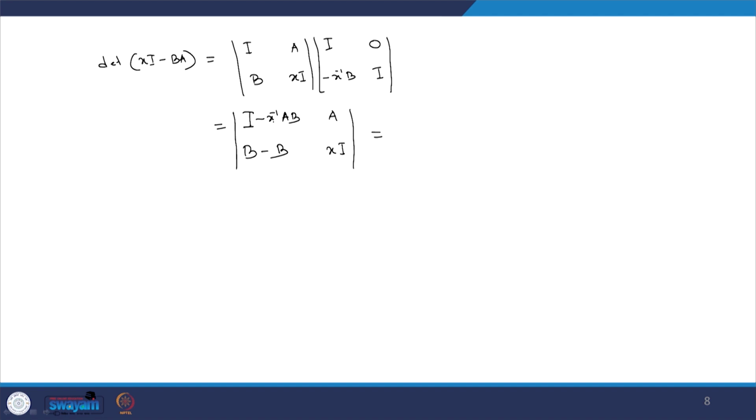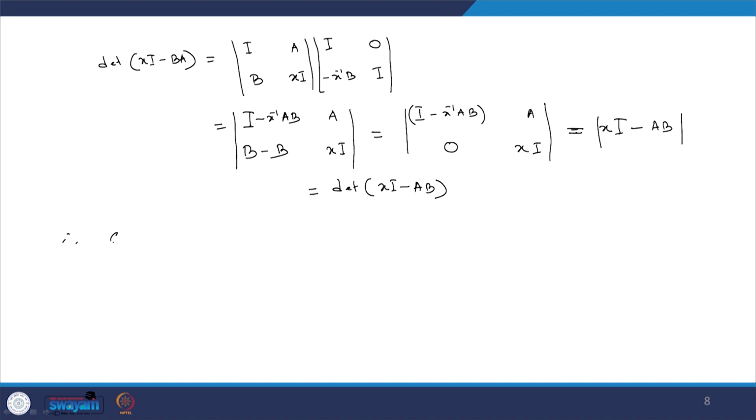Now, if you simplify, this is I minus x inverse AB, and this is your A, and this is 0 and x into I. So, this is equal to x into I, then minus x into x inverse, which is 1, so A into B. So, this is basically the determinant of this quantity, and I am getting the determinant of xI minus AB. So, the characteristic polynomial of BA equals the characteristic polynomial of AB.